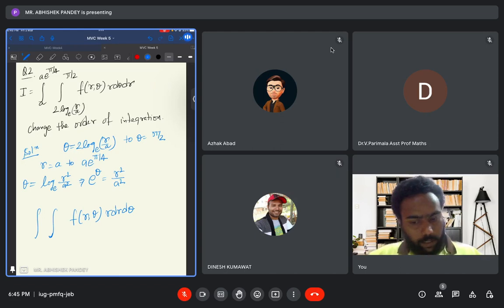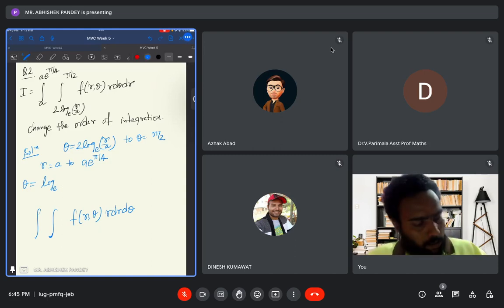Once you change the order of integration, let it be 2 only, 2 log r by a.